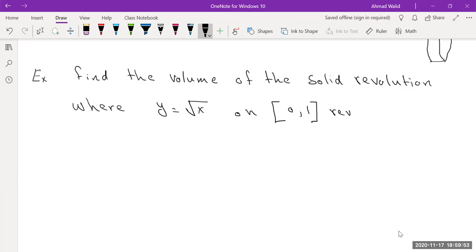Revolved or rotate, let me use the same term as in your book, rotate about the x axis. Even for this problem, I'll graph it for you.